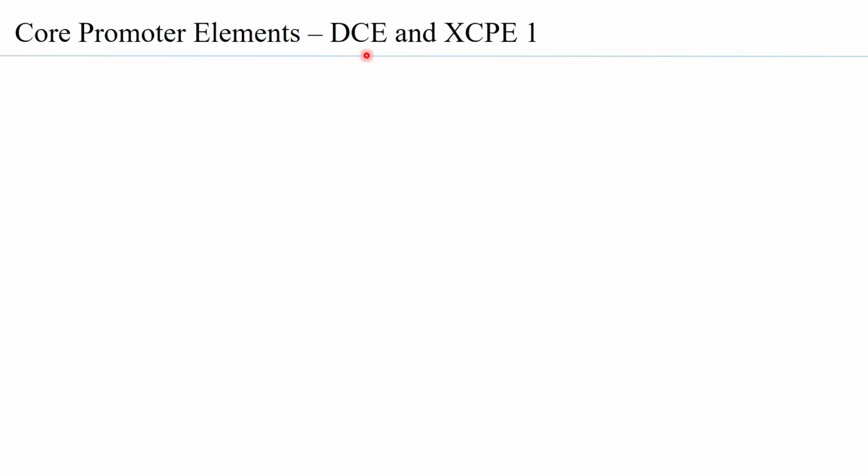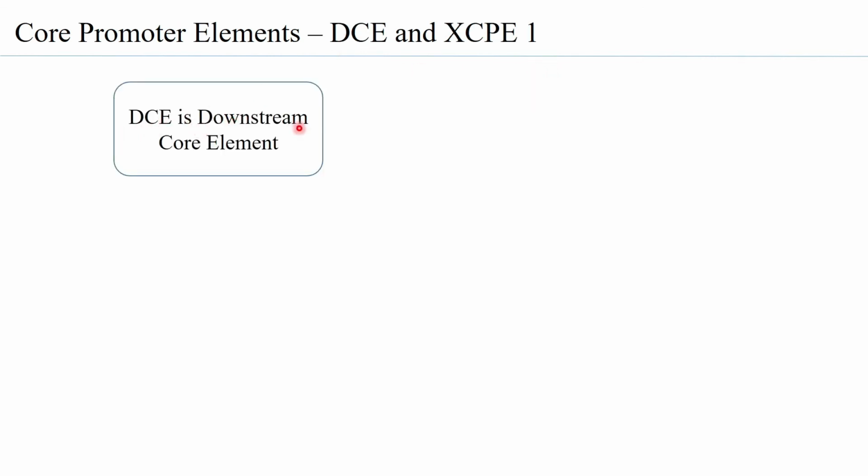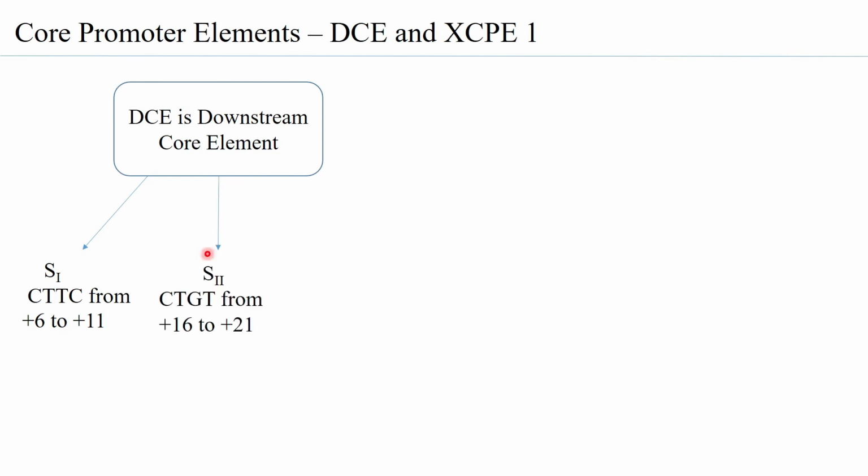Then we come to DCE and XCPE1. DCE is the downstream core element, and it is divided into three sub-elements. So you have S1 with a consensus sequence of CTTC from +6 to +11. You can see it is downstream of the start point of transcription.